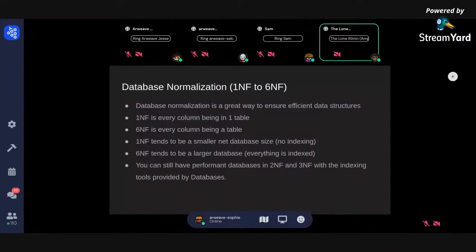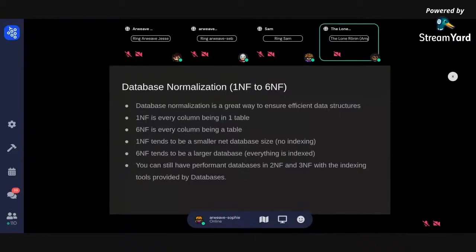Something that is pretty frequently discussed in databases in general is database normalization. There's first normal form, second normal form, and so on all the way to sixth normal form. Basically, first normal form is when every column is just in one table, so it's extremely unstructured.